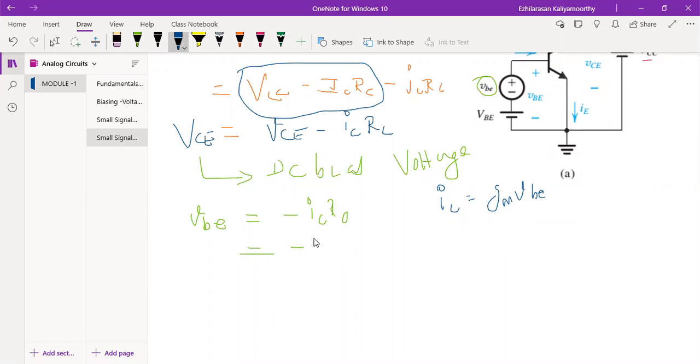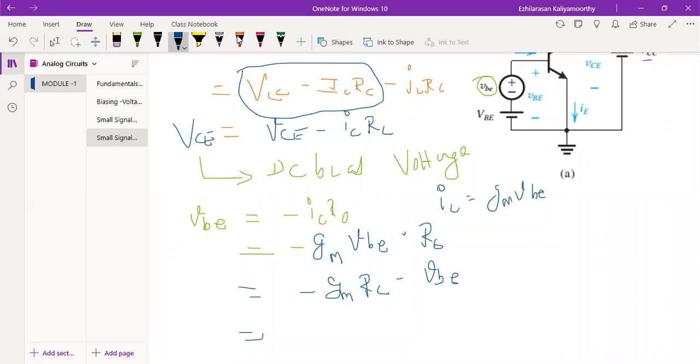That is minus gm vbe into RC. Then what will be now this? Minus gm RC into vbe.